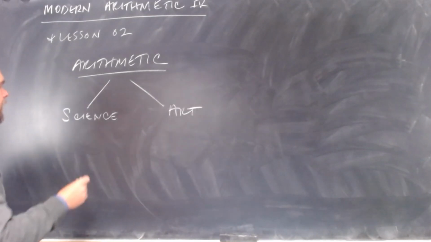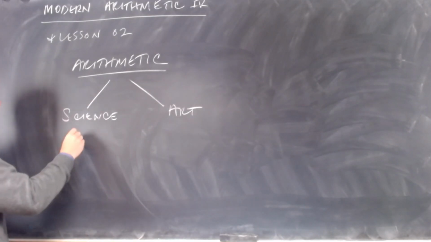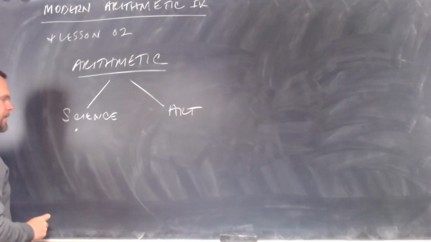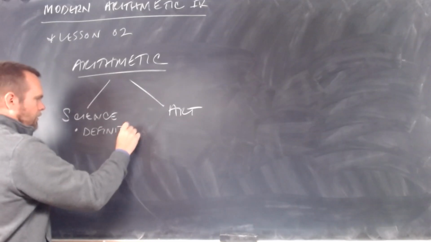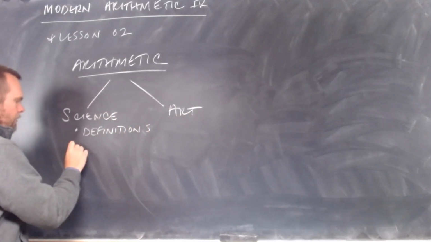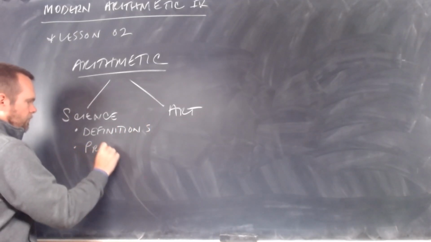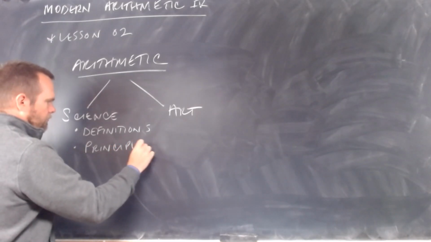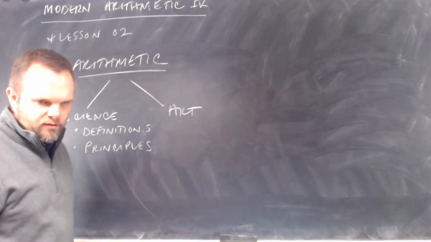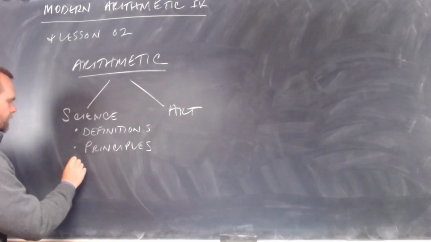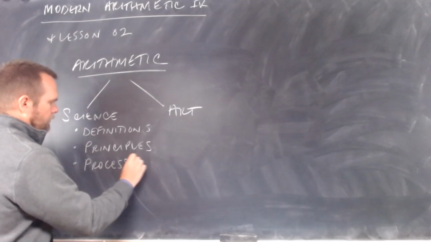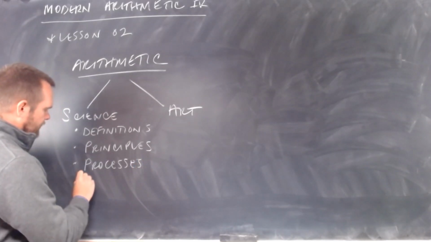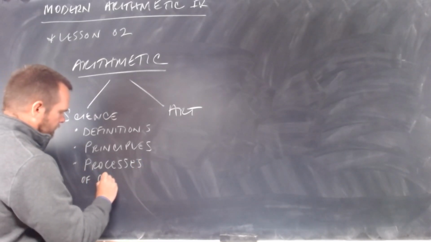As a science, arithmetic consists of definitions, principles, and I think that there's just one more, processes. Processes of calculation.